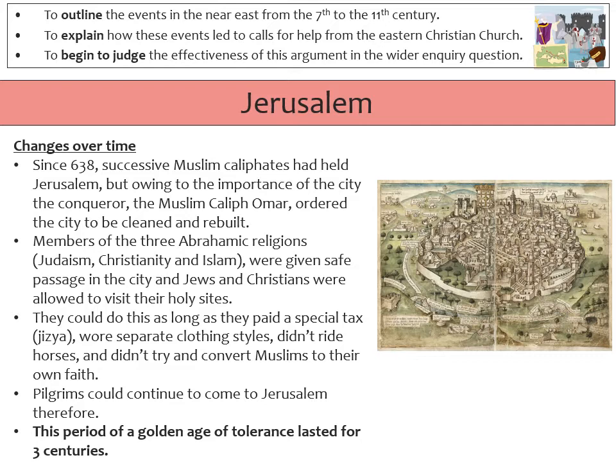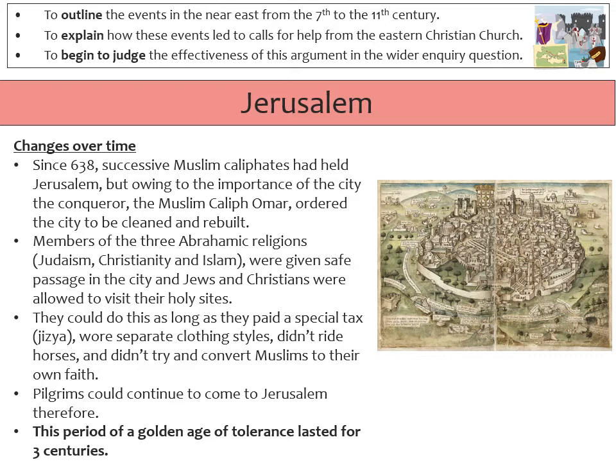Now, in the case of Jews and Christians, because this was still under the rulership of a Muslim caliph, they had to pay a special tax, called a jizya. They had to wear separate clothing styles. They couldn't ride horses.